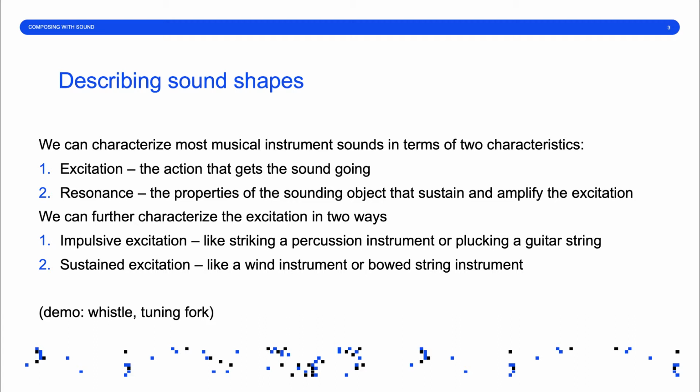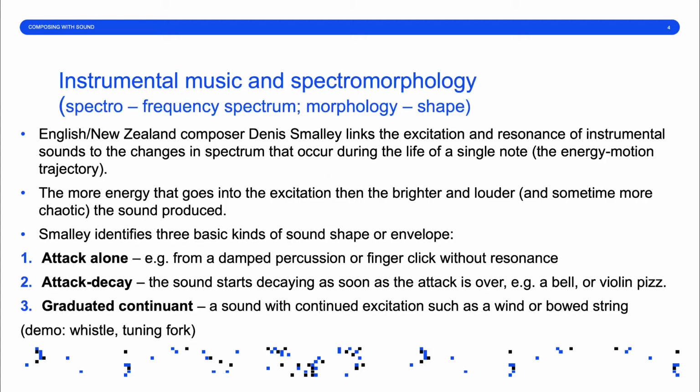Whereas with the penny whistle, the excitation lasts for the entire duration of my breath, and the instrument only makes sound while the excitation continues. So the whistle requires sustained excitation. And in the case of the whistle, the resonance is caused by the air within the tube oscillating backwards and forwards from the open end to the closed end.